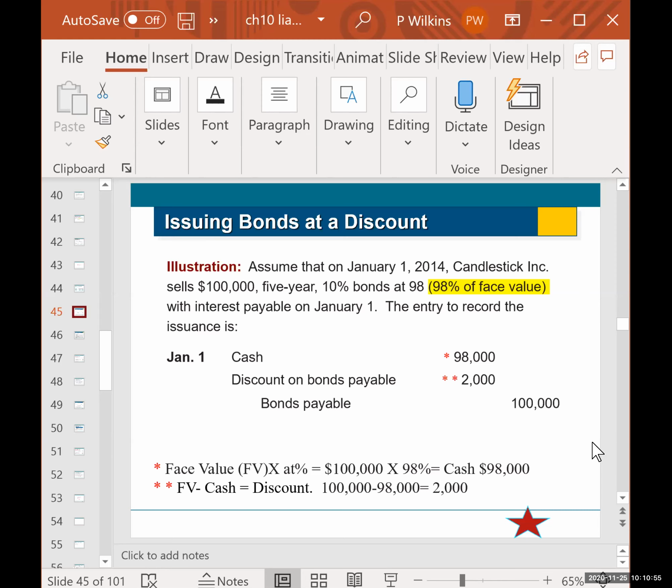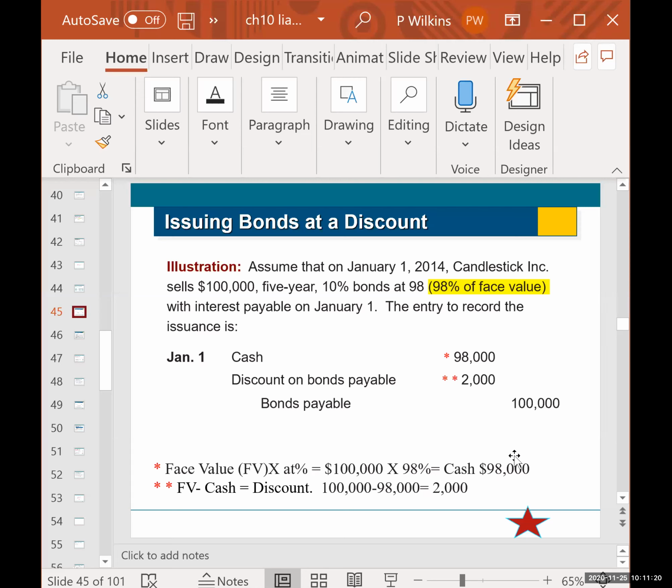The entry to record the issuance is cash. So the way you do it is down at the bottom. You do the face value times the at percent. So in this case, the face value is $100,000 times, and the at percent is 98%. That gives us a cash of $98,000.